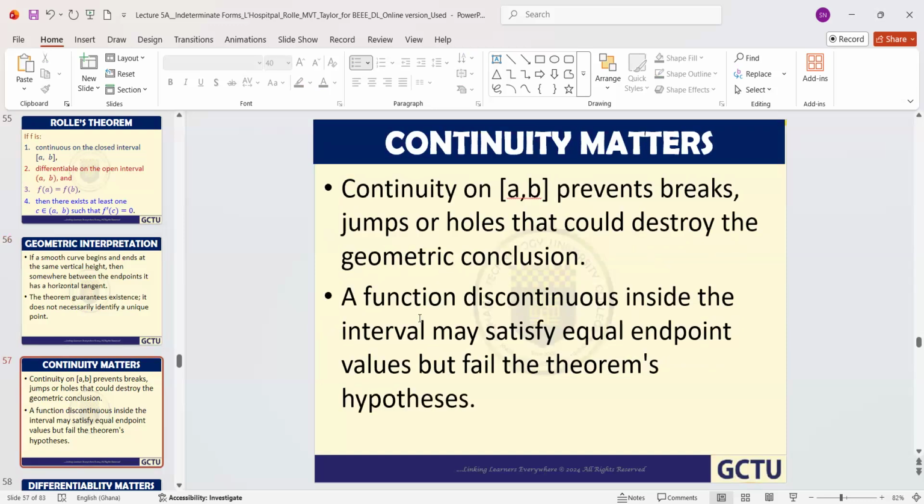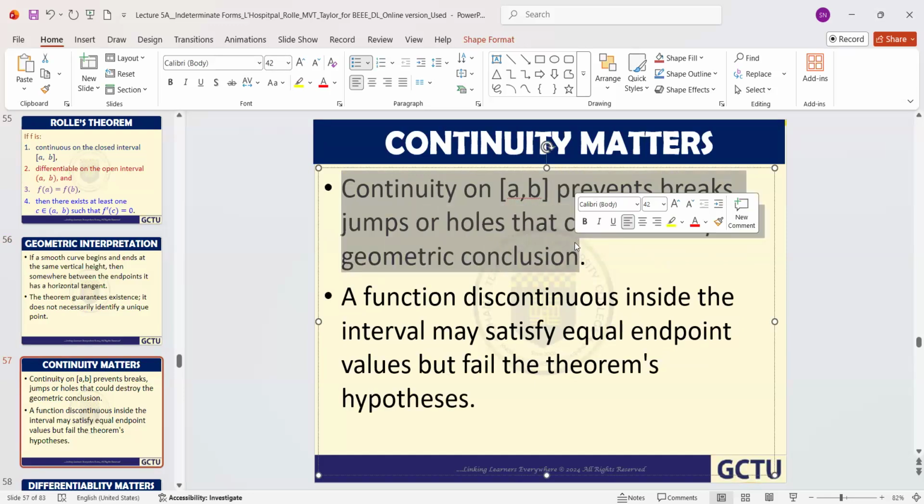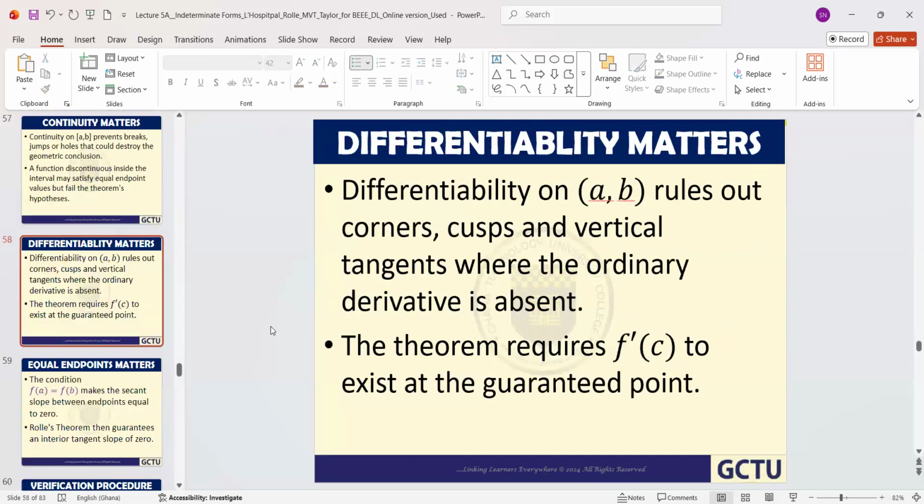Okay, and then it also tells us that for you to use Rolle's theorem, the function must be continuous on the interval. If there is a break, or there are jumps, or there are holes, it will destroy the whole geometric conclusion we are drawing. So please, we don't use this for functions that are not continuous. We only use it for equations that are continuous. And then there is an interval that supports the hypothesis. Differentiability rules must hold.